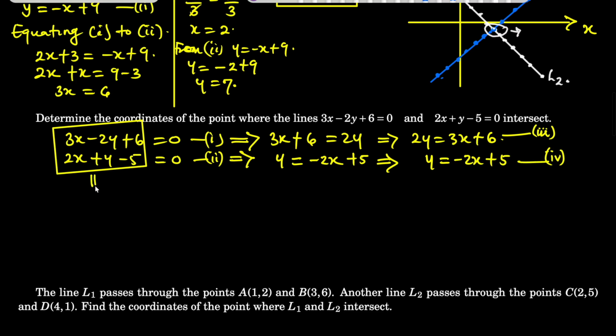From here you can rewrite what you have as 3x minus 2y equals minus 6, and then the other is going to become 2x plus y equals 5. Then you choose which one of x or y you want to eliminate.